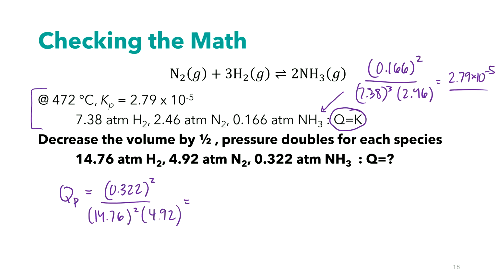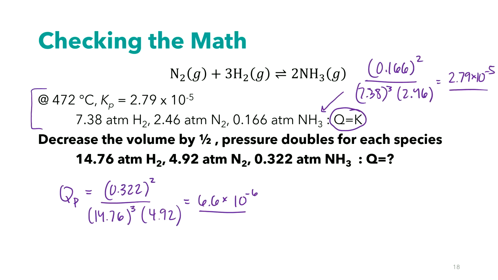I got 6.6 times 10 to the negative 6. Yes? Say it louder. Will the 14.76 be cubed instead of squared? Yes, it will be. I just wrote squared instead of cubed. And I did it right, and hopefully we got the same answer.